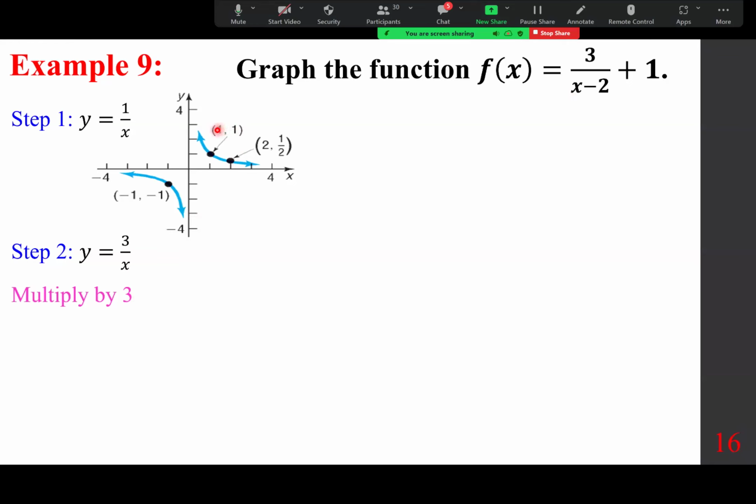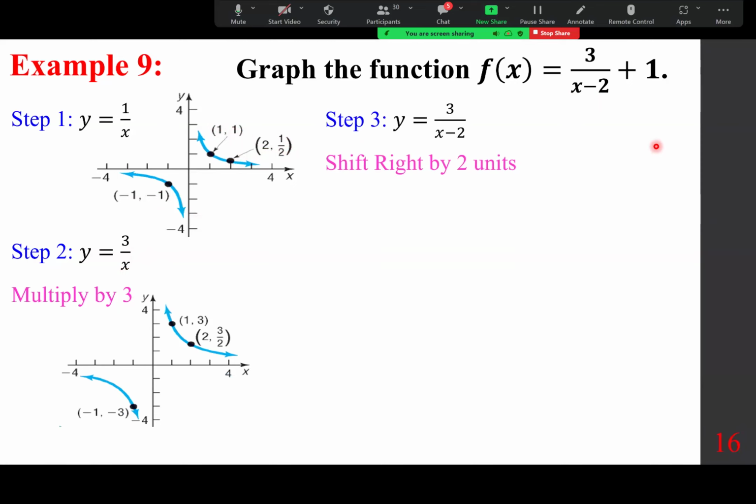So this becomes 1 comma 3. This becomes 2 comma 3 halves. This becomes -1 comma -3. So you multiply the y coordinate by 3. Then replacing the x with x minus 2 means shifted to the right by 2 units.